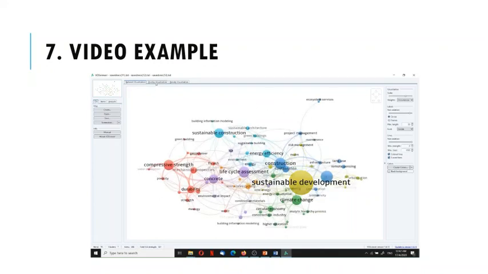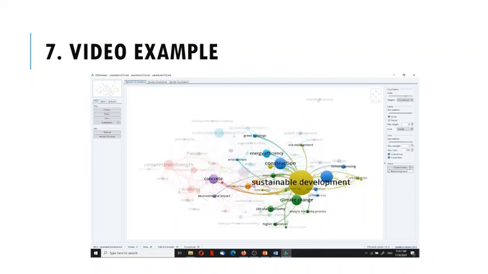Okay, we go next to the overlay visualization. Here you can put another property to set the importance. In network visualization, the weight is on the occurrences, which means you can see the difference of importance based on the size of the bubbles.